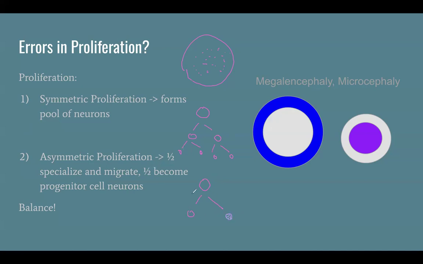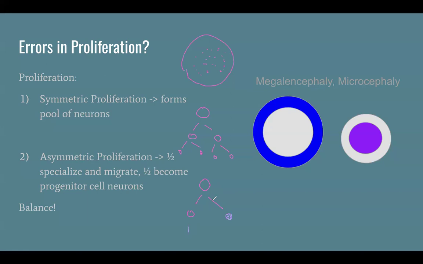The goal is to only produce one identical daughter cell in every proliferation, and that way you get enough specialized cells. So it's a more controlled version of cell division, and there should always be balance. There's going to be a switch at one point in proliferation, from symmetric proliferation to asymmetric proliferation.